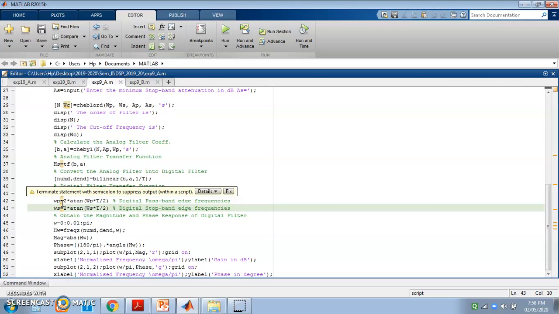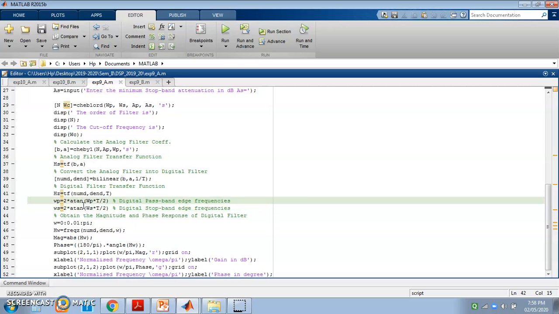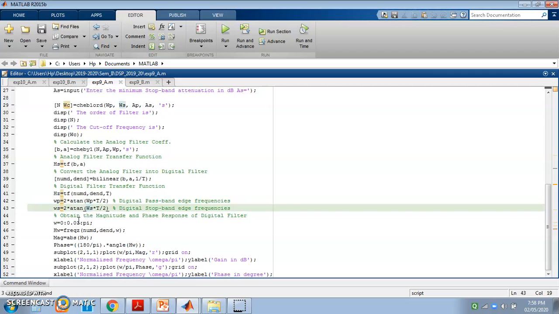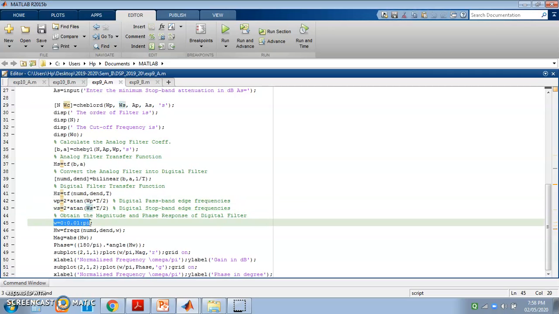One can have the digital passband edge frequencies and digital stopband edge frequencies from the formula, that is 2 times tan inverse of Wp into T upon 2. This is the standard equation in terms of bilinear transformation, and here we have to consider the frequency range from 0 to pi.